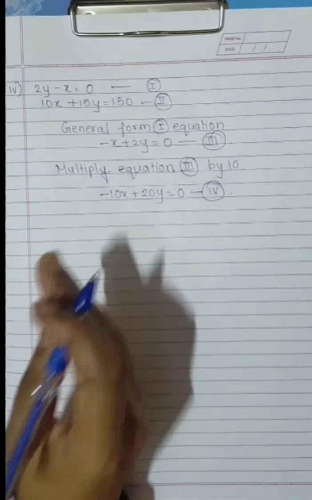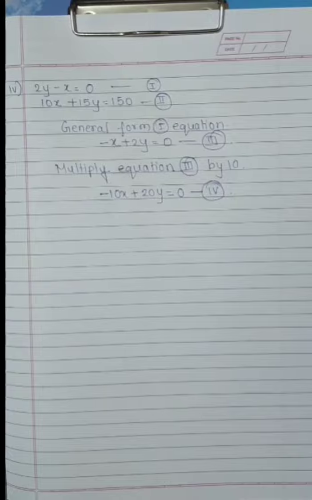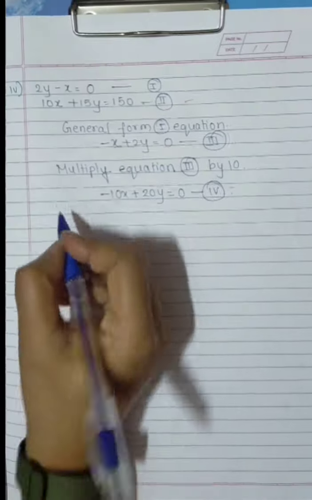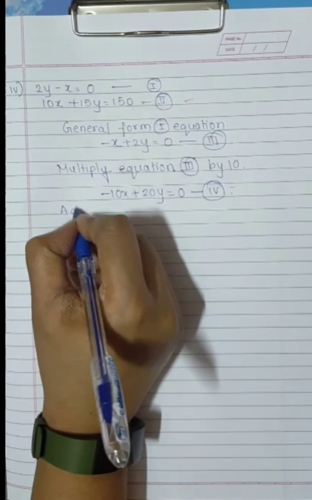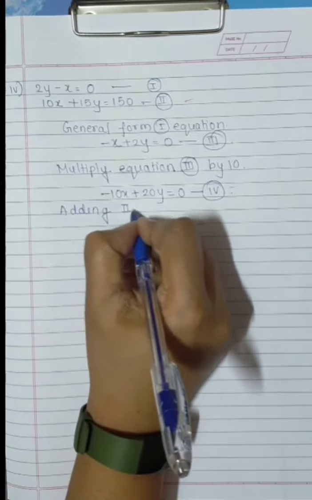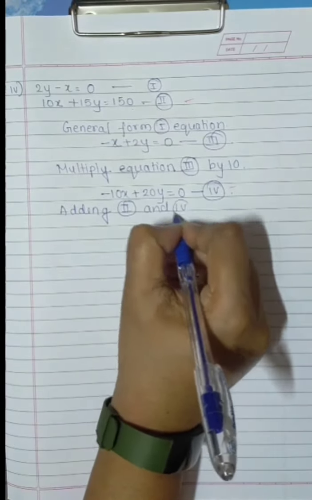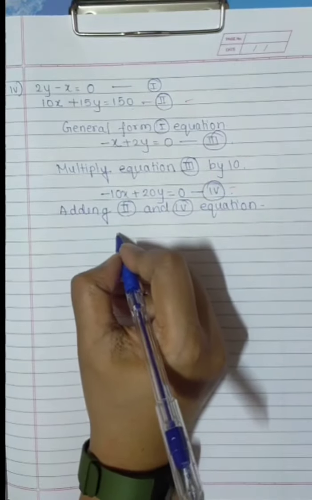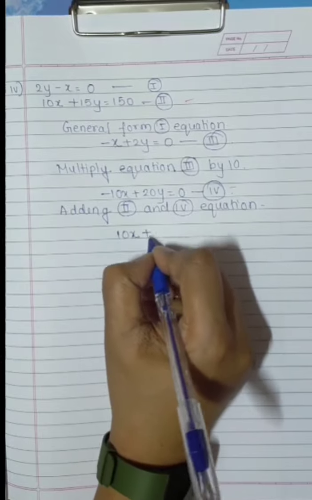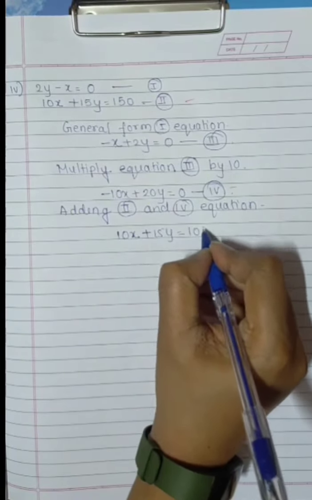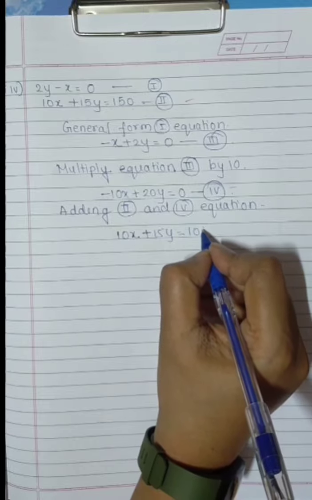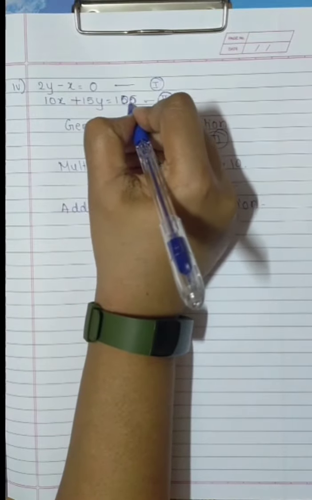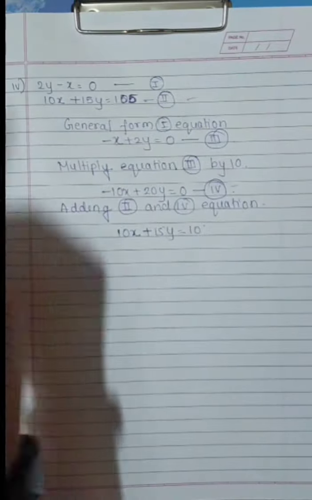Okay, now next step is we are going to add the second and fourth equations. We are going to add 10x plus 15y equal to 10... it is not 150, it is 105.